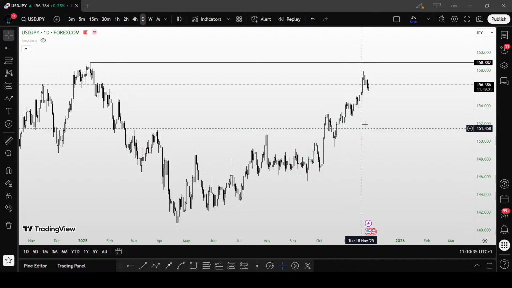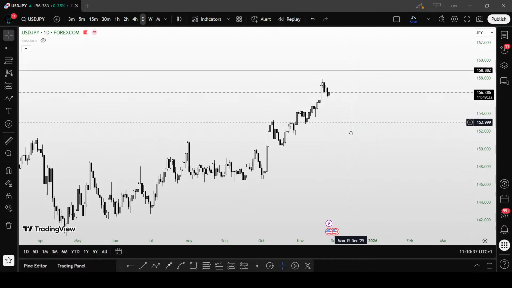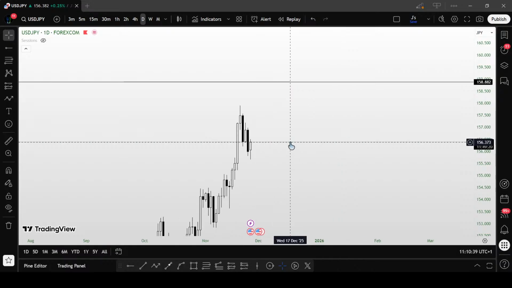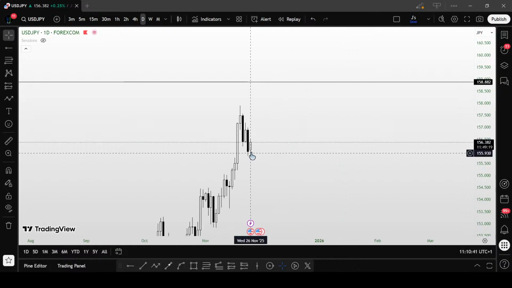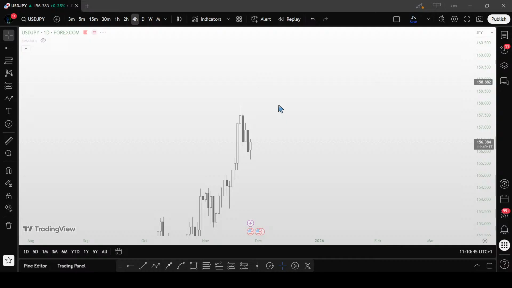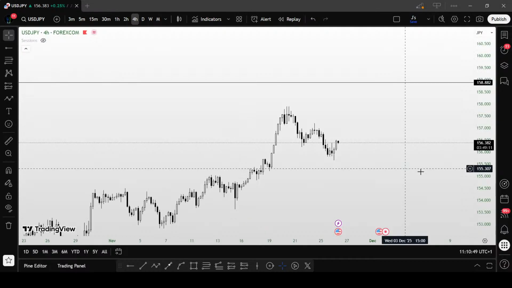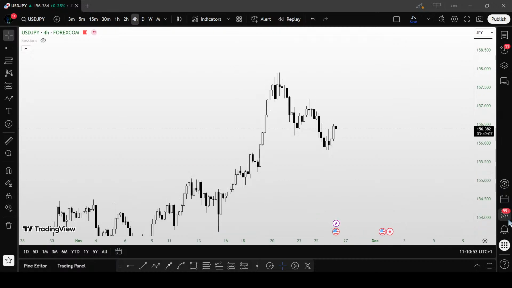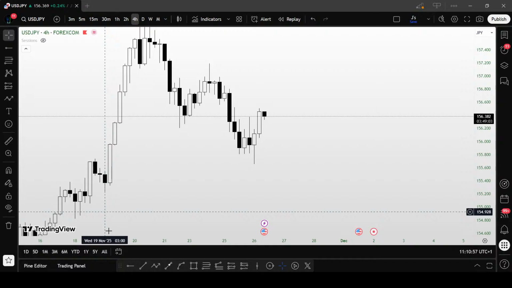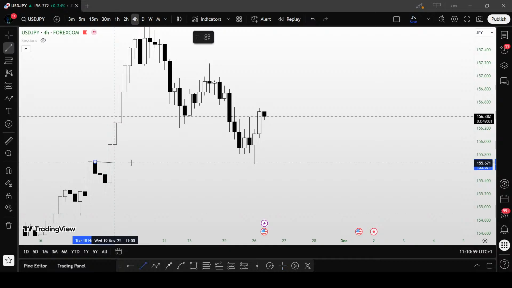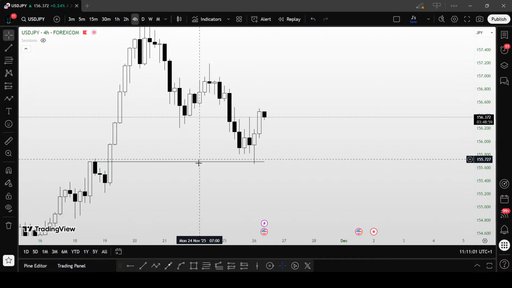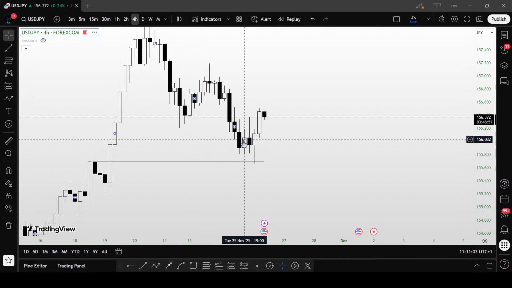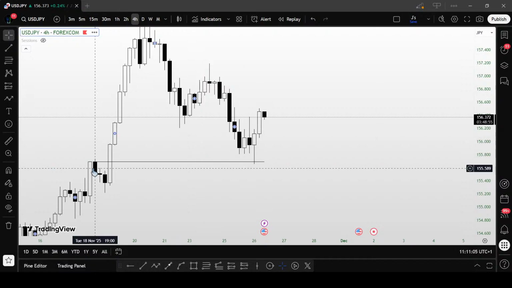So with that, I'm looking for buys that are going to take me to this particular POI. We are going to see there that we had a little bit of an order block around here, and this is the area where price reacted to. So I believe that this is going to be another block.